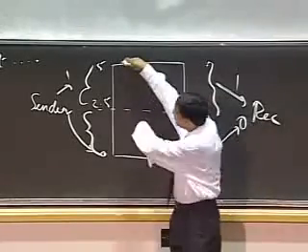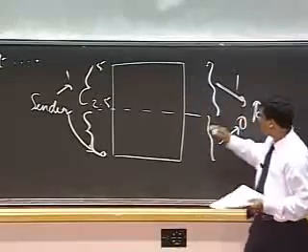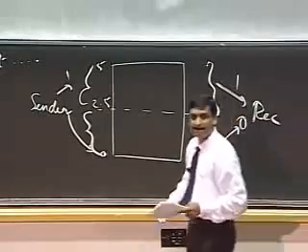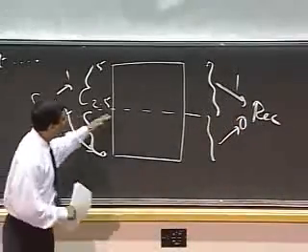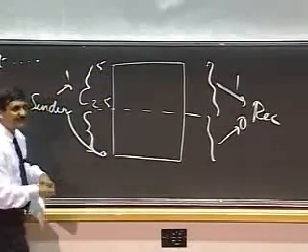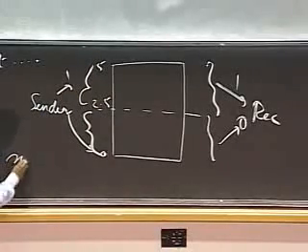But technically, the sender could send any value between 2.5 and 5. And if there was no noise, then the receiver could correctly interpret a 1 if it was above this and 0 if it was below this. The problem with this approach is that if I allow the sender to send any value above 2.5 all the way to 5, then there really is no noise margin in this situation.